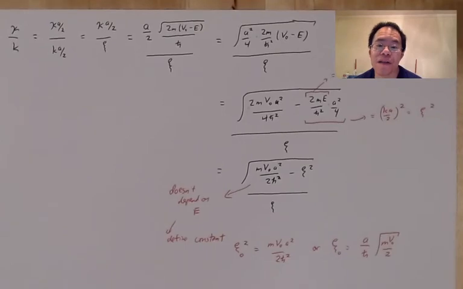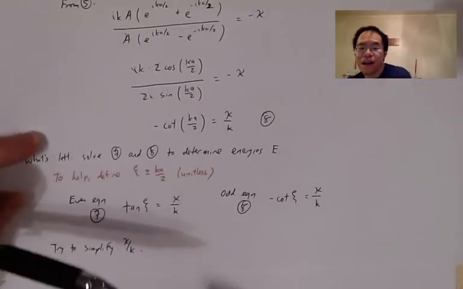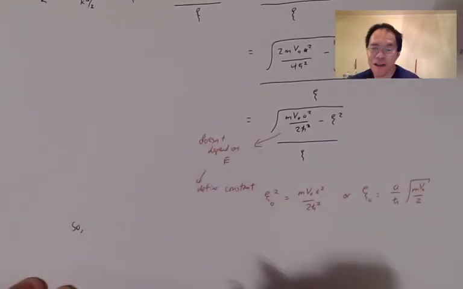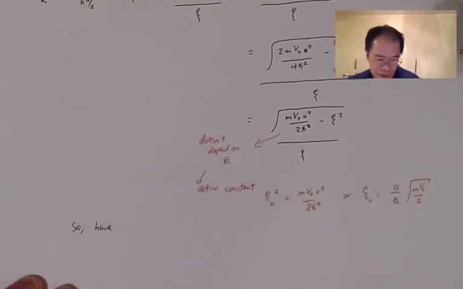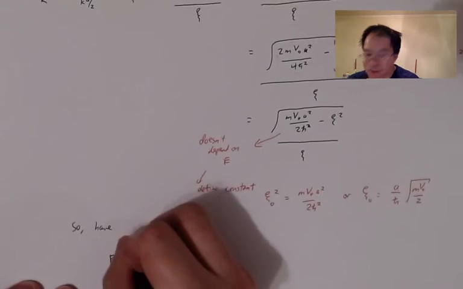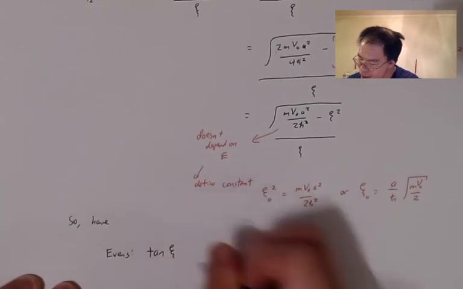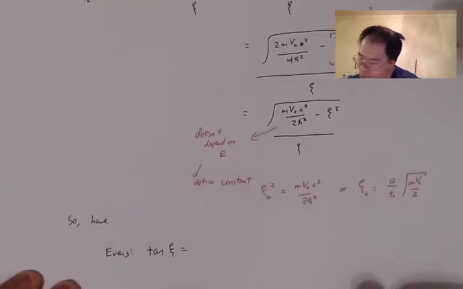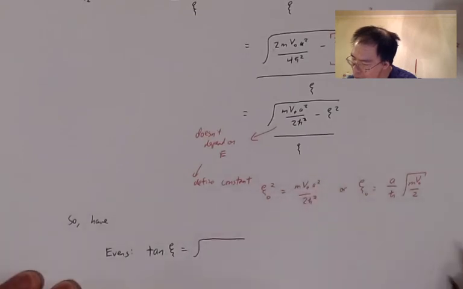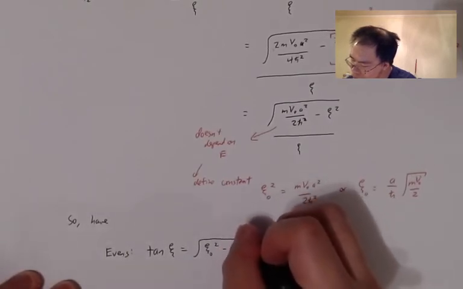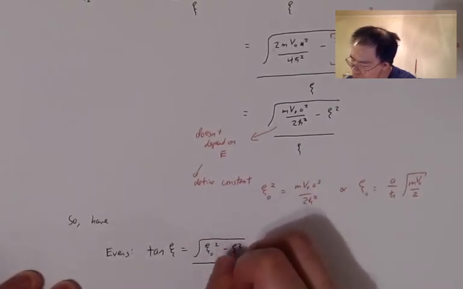So this now finally lets us rewrite our even and odd equations. For my evens, I have xi tan xi equals the square root of xi naught squared minus xi squared, over xi.